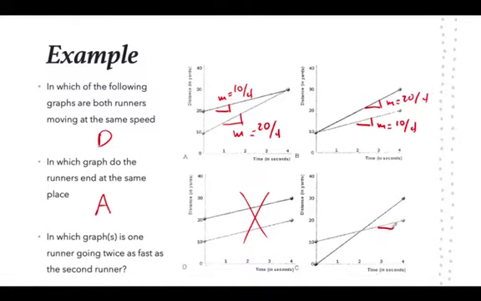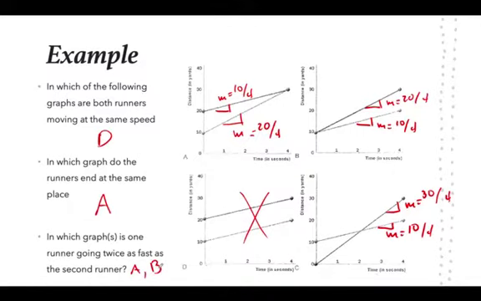Here, this slope is a change of 10 in 4 seconds, and this slope right here is a change of 30 in 4 seconds. So it looks like the only graphs that comply, where one of the slopes is twice the other, are graphs A and B.